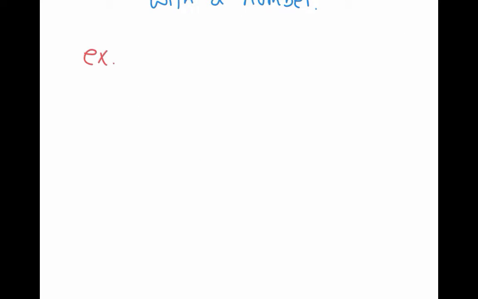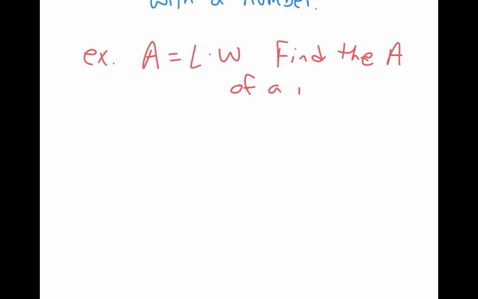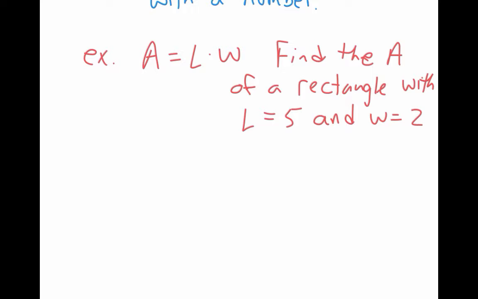So if we were to say A equals L times W, that's going to be the area of a rectangle, the length times the width. Then the question might say something like find the area of a rectangle with, and they'll often write it out, I'm going to abbreviate it to save some time, L equals 5, and so when the length is 5 and the width is 2.